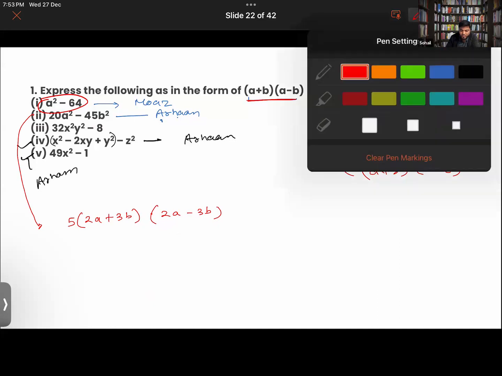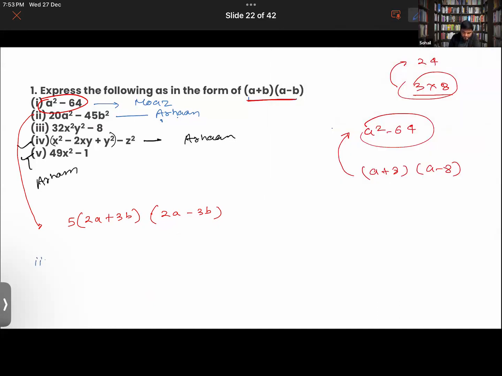So all of you look at question number 2. This is 20a square minus 45b square. You have written it as 5 times (2a plus 3b). Then again, is there no sign in between?